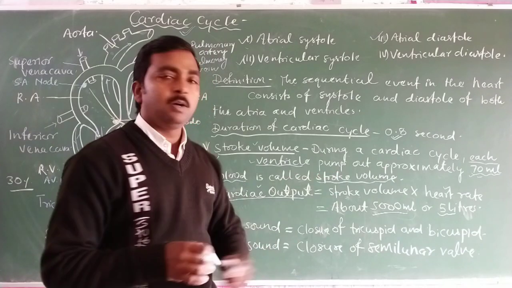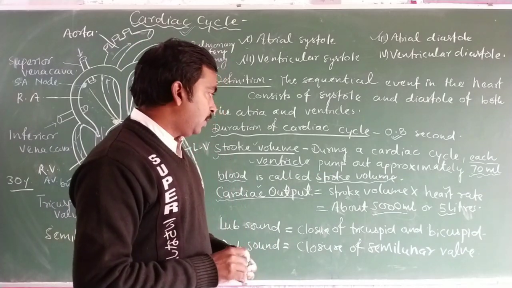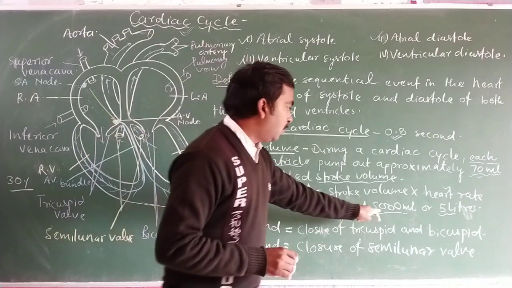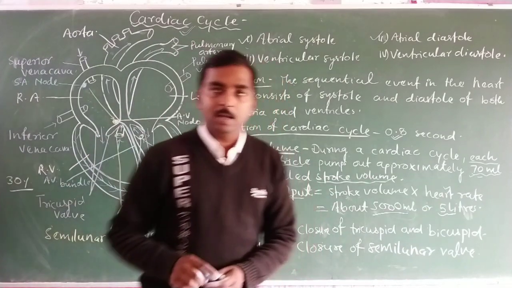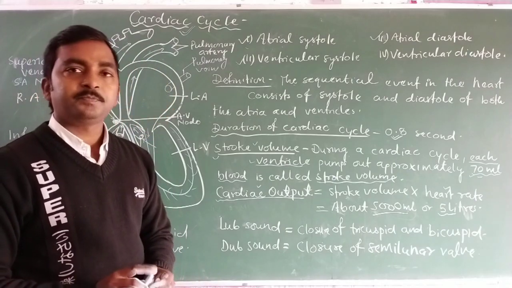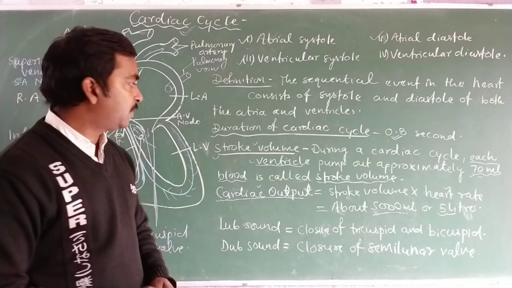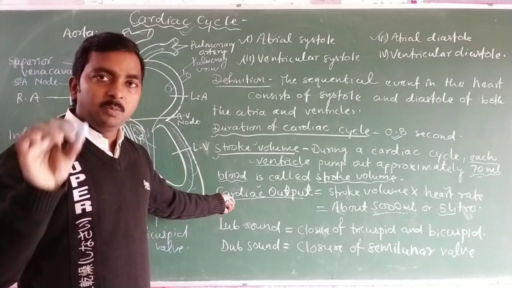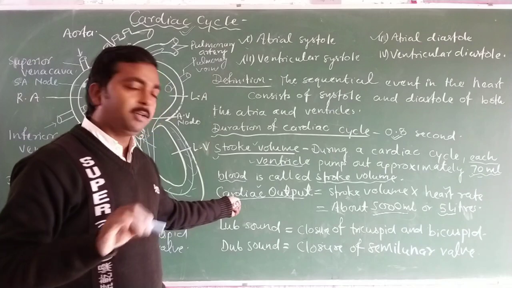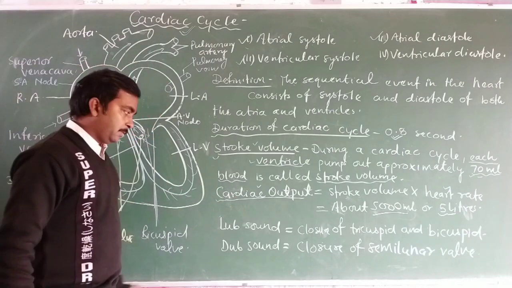The cardiac output may increase, and that may be more than 5000 ml or 5 liters. Cardiac output is helpful for the diagnosis of a number of diseases. It means that clinically it is very important for the doctor to diagnose a number of diseases in a patient.